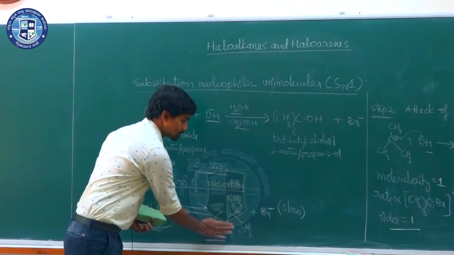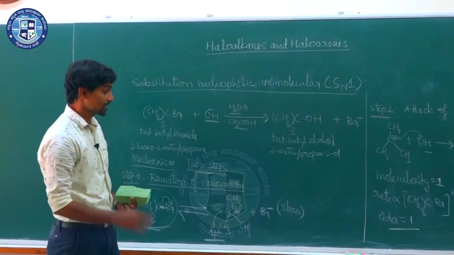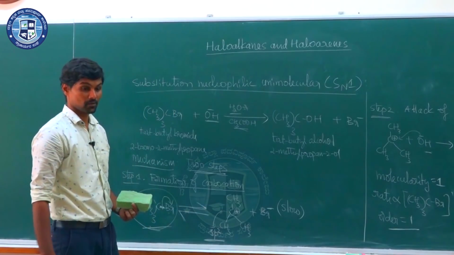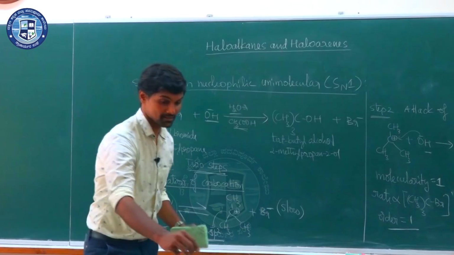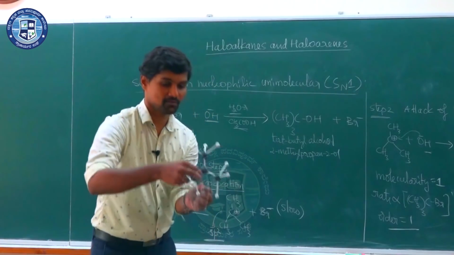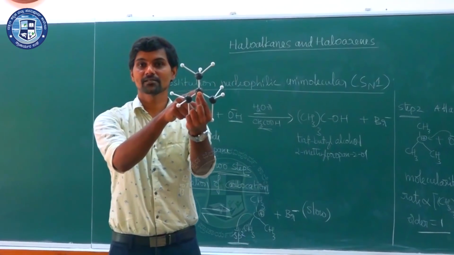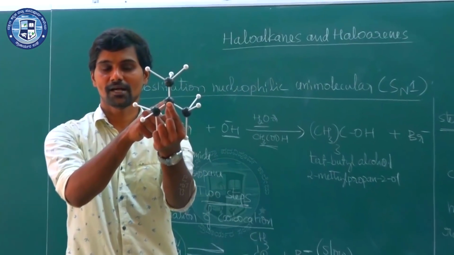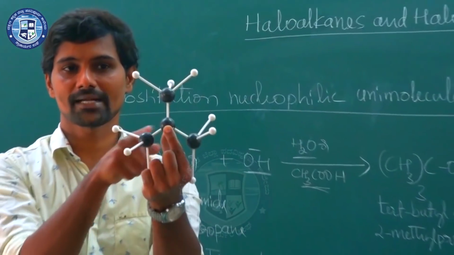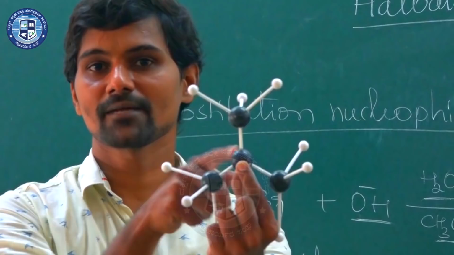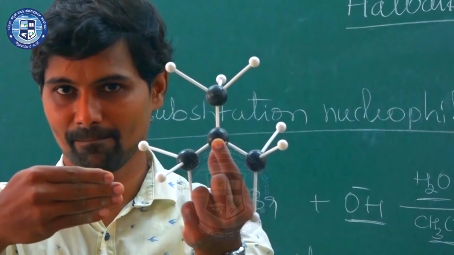So this molecule, tertiary butyl carbocation, has planar geometry, which you can understand with this model. Look here, this is the carbon which has the positive charge, and to that 3 carbon atoms are attached. So these 3 carbon atoms and this carbon atom will be present in one plane.